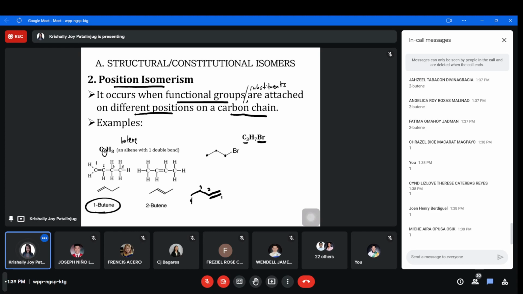So pwedeng ang bromo attached on carbon 1, so this would be carbon 1, or yung bromo could be attached sa carbon 2. Okay, so dalawa yung pwede nating ma-obtain na structure from this molecular formula, C3H7Br. Imaginary dyan, 7 hydrogen.